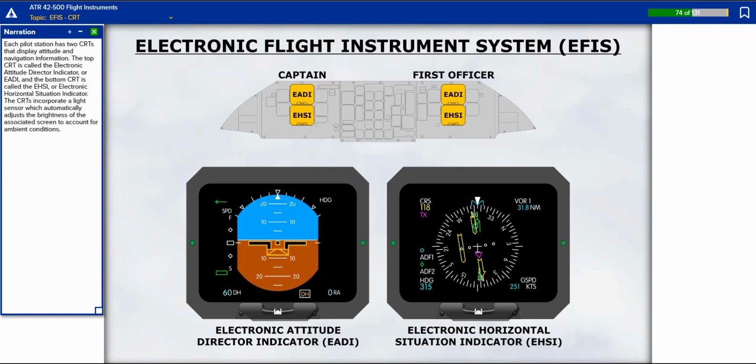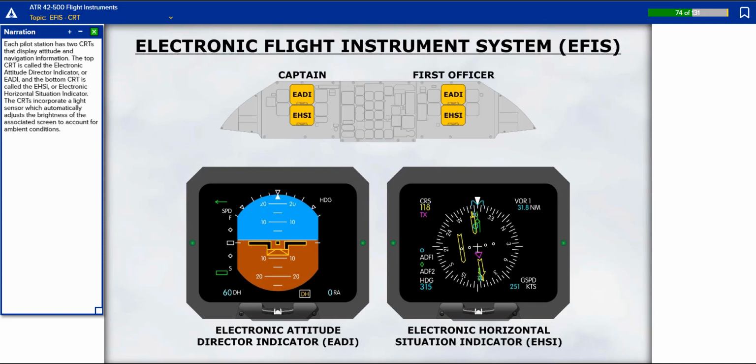Each pilot station has 2 CRTs that display attitude and navigation information. The top CRT is called the Electronic Attitude Director Indicator, or EADI, and the bottom CRT is called the EHSI, or Electronic Horizontal Situation Indicator.